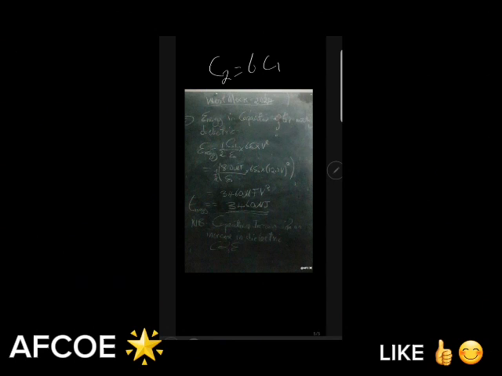Now the energy in a capacitor is half C1, so with C2 we get the energy to be half times C1 times 6, which is our C2, multiplied by 12.0 volts, making sure you square the 12.0 volts.